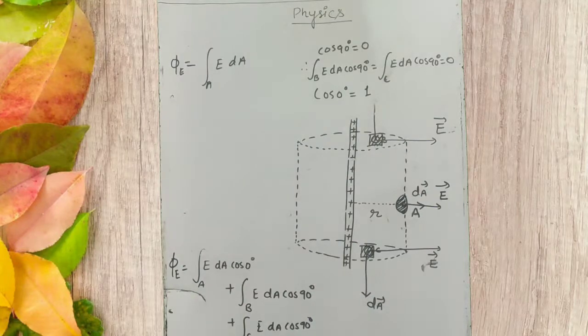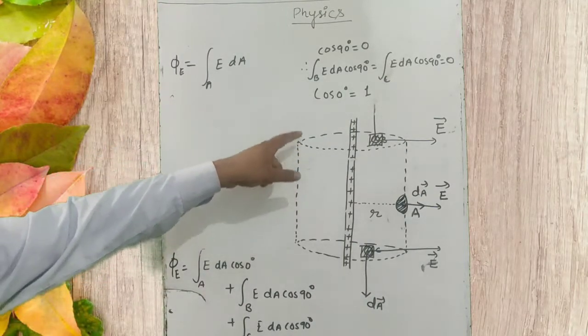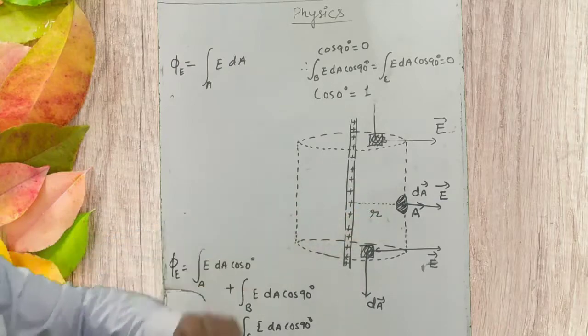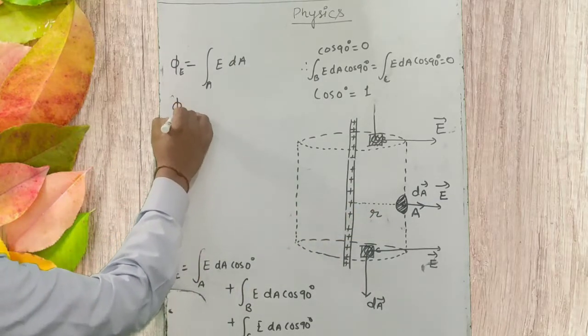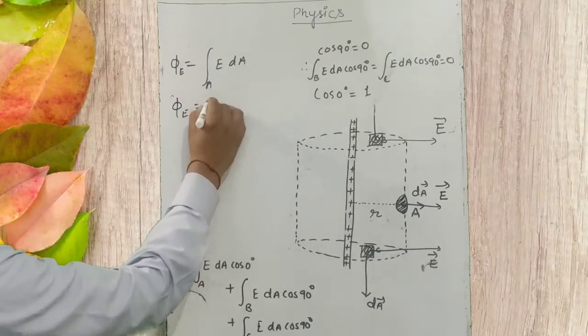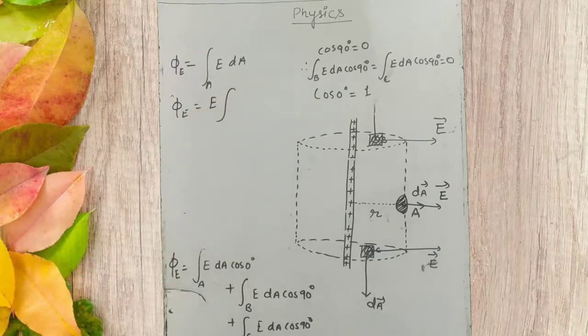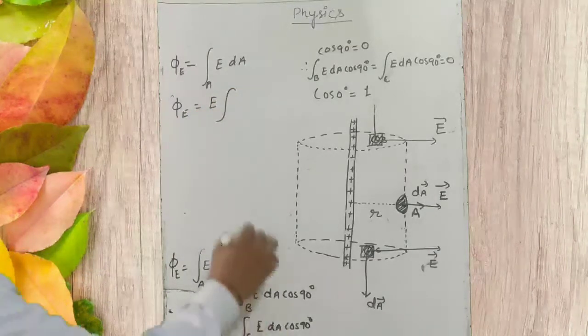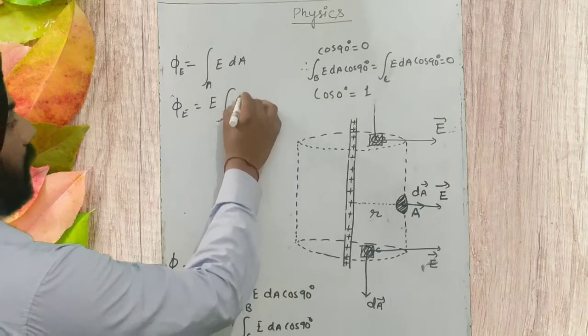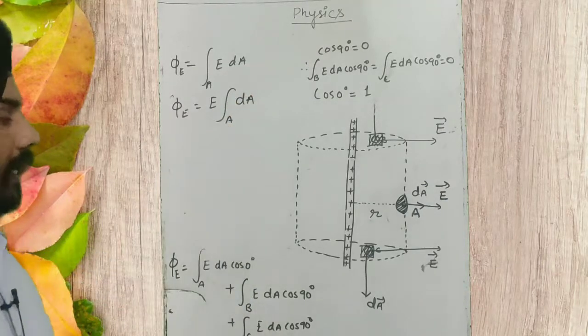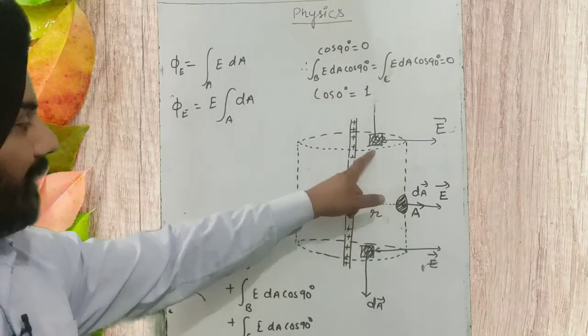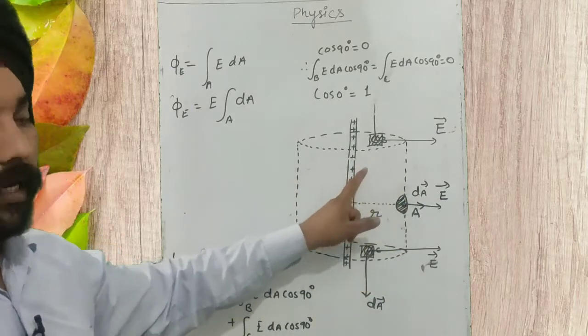So here we have electric flux passing through the curved surface. Phi E is equal to E, you take common because electric field is going to be constant, and we are going to integrate only dA. dA is the curved surface area.